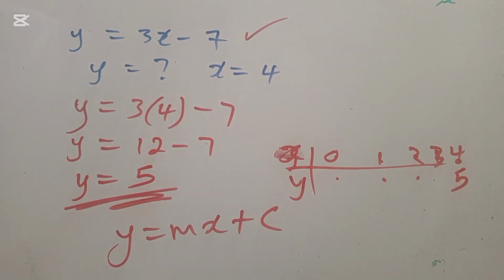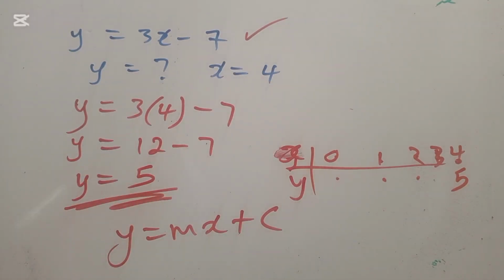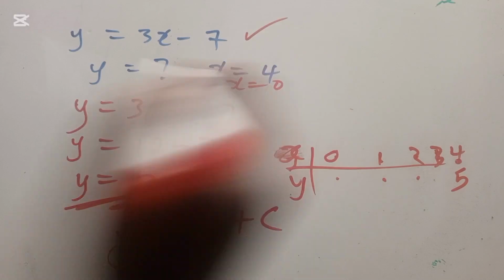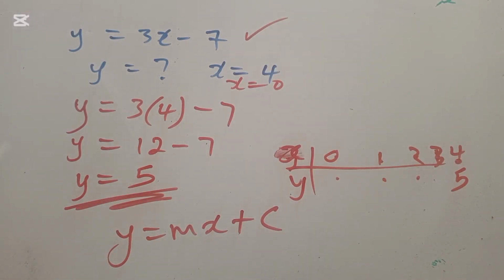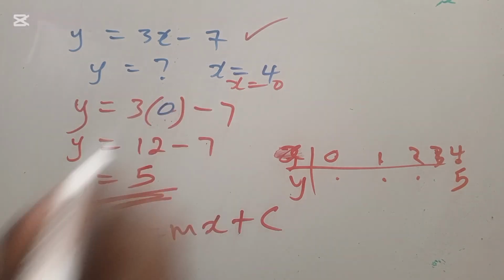So suppose you are told, what's the value of y when x is 0. Here let us replace x with 0. Where there is x, you replace it with 0.